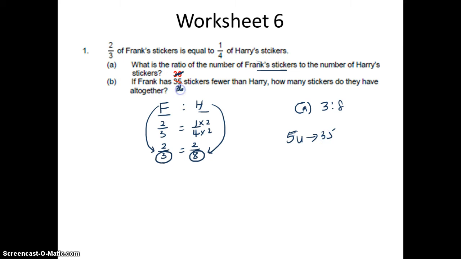Sorry, we go back to 35. 5 units is 35, so 1 unit is 35 divided by 5, which is 7. How many do they have in all? They have 11 units. So 7 times 11, answer is 77.